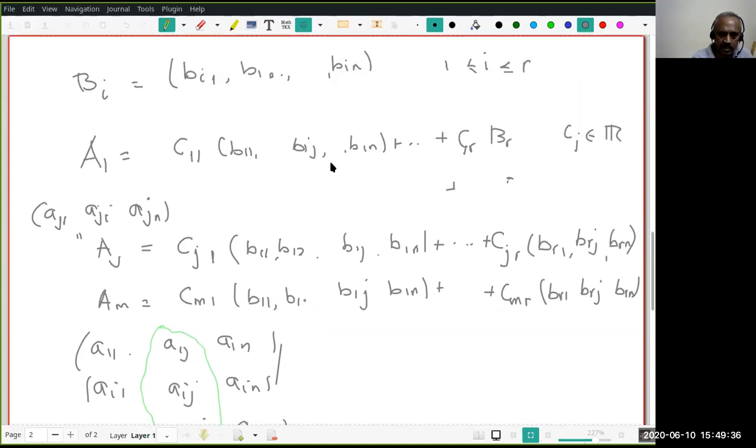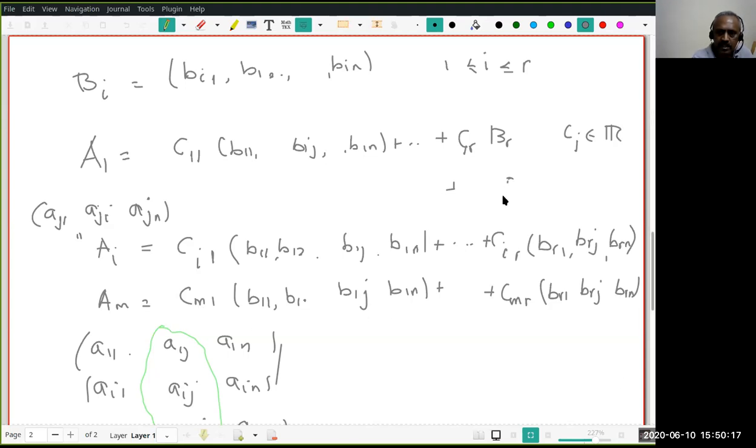You can see the jth column is b_1j times c_11, and again b_1j times c_i1, so this is going to be c_11 b_1j here, c_i1 same b_1j, c_m1 same b_1j.